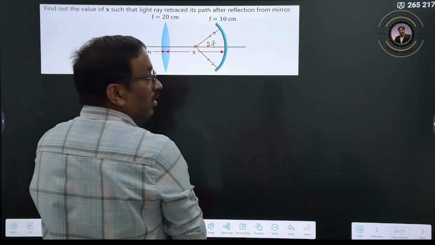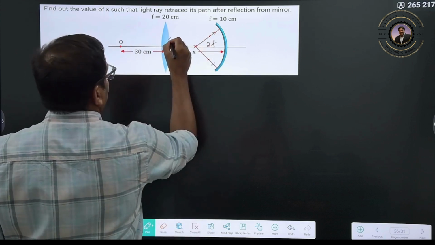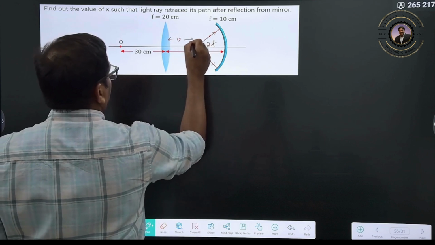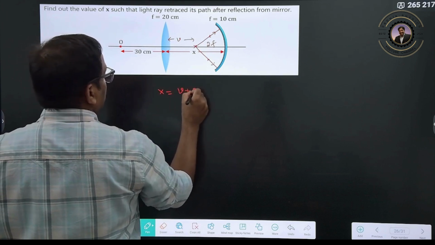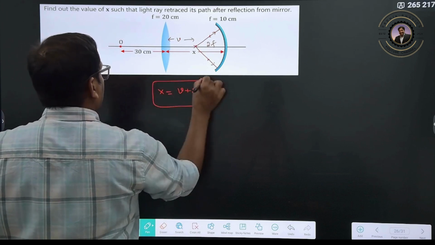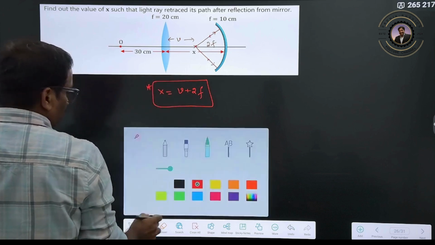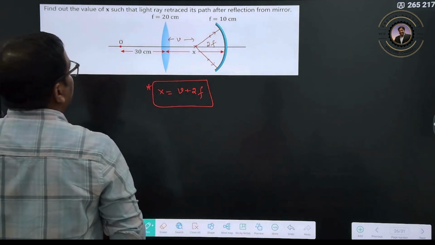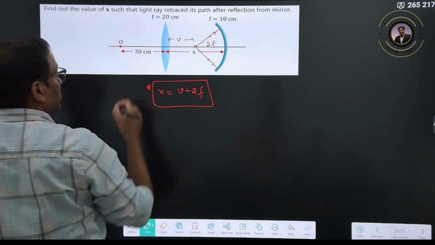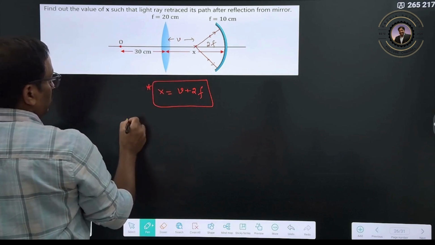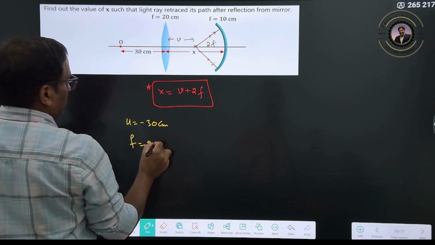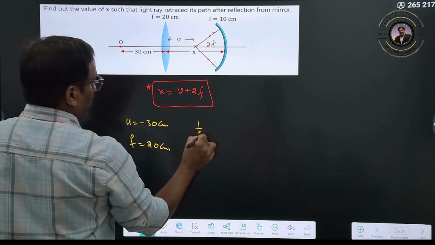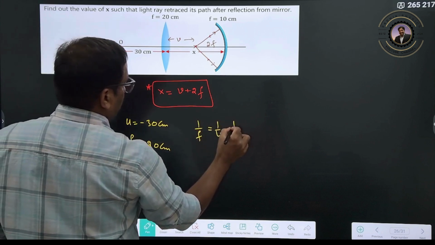So compulsorily this should be the center of curvature, that means this distance should be 2f. And suppose this distance is v, now the distance x is equal to v plus 2f. We will calculate v. Here u is equal to minus 30 centimeter, focal length is 20 centimeter. 1 by f is equal to 1 by v minus 1 by u.